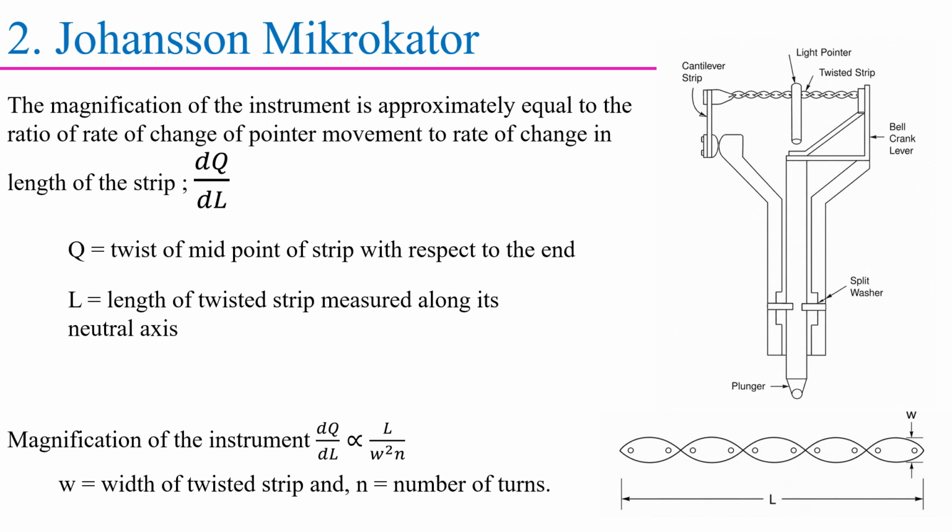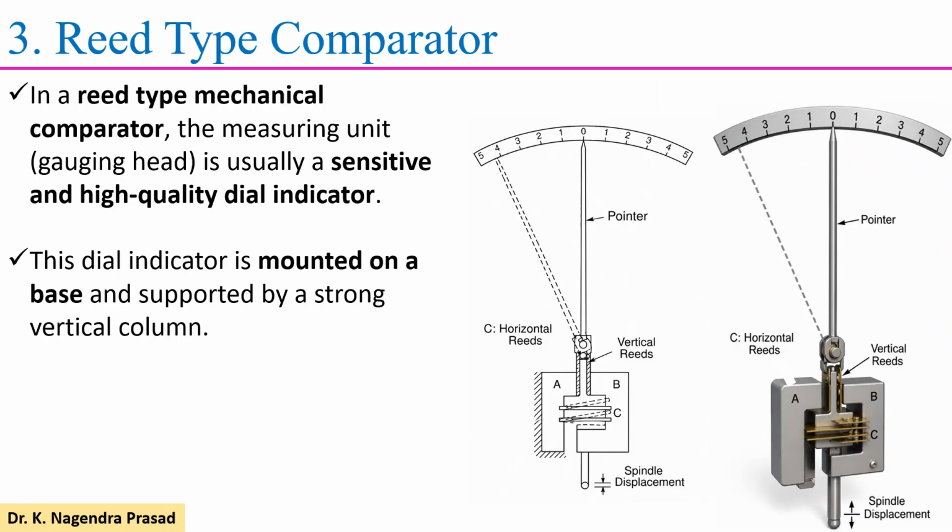So the magnification of the instrument can be stated as dθ by dL being directly proportional to L by W squared N, where L equals the length of the twisted strip, W is the width of the twisted strip and N is the number of turns.